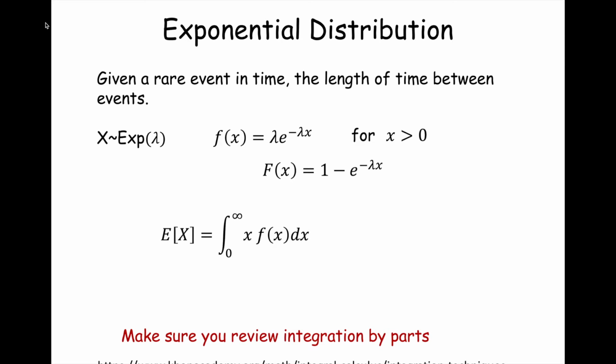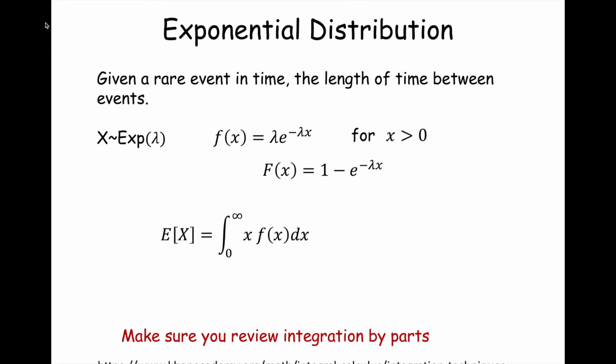Okay. So now let's choose as our f of x term our x, and for our g prime of x term, let's choose e to the minus lambda x. So let's carry this through. Let's calculate f prime of x. So f prime of x is equal to 1. Our g prime of x is e to the minus lambda x.